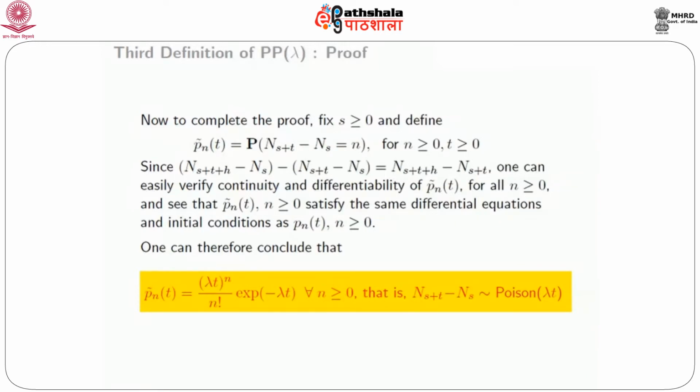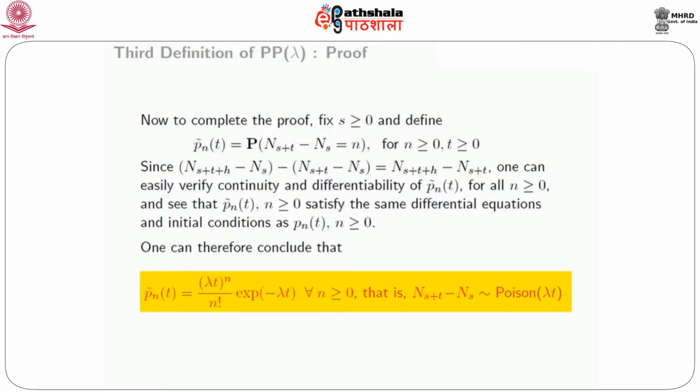Towards that, it's very easy now. You fix s non-negative, and define P tilde n(t) to be the probability that N(s+t) minus N(s) is n. So we want to show that this is also Poisson with parameter lambda t.